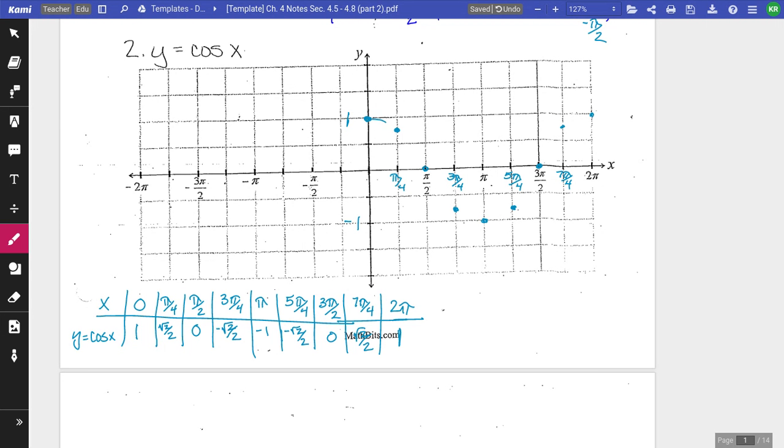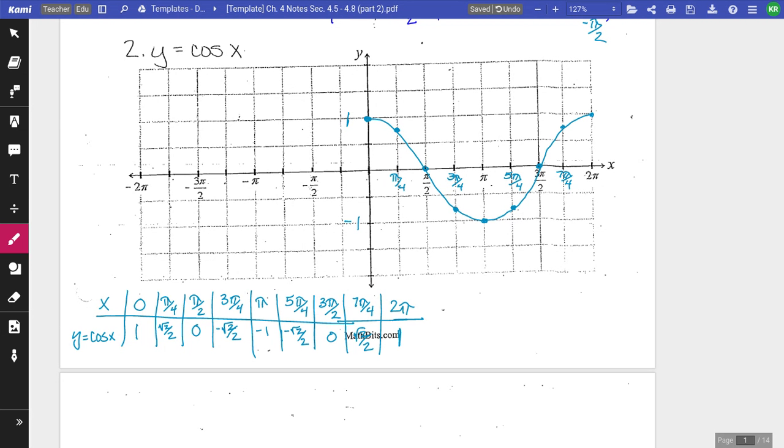Okay, so your cosine curve looks like that. And again, once I see one section of it, I can just mimic that same pattern going the other direction.